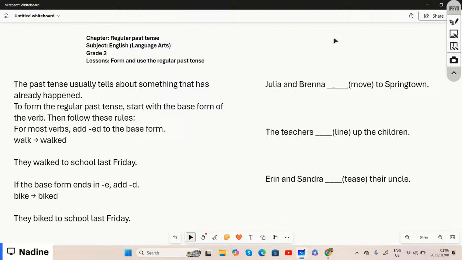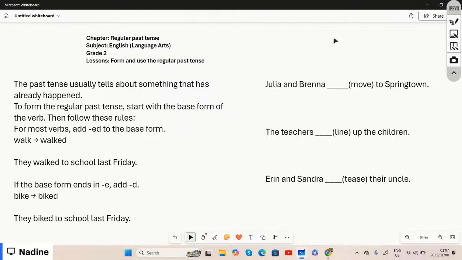And when we talk about regular past tense, they form basically a rule, right? So they follow a rule by either adding d or adding ed to our verb to show that the verb is in the past tense, or to show that the sentence is in the past tense.